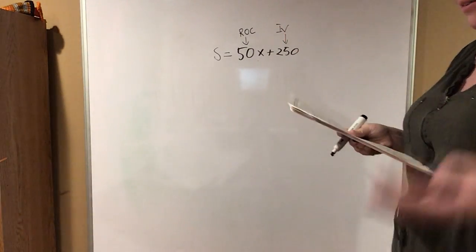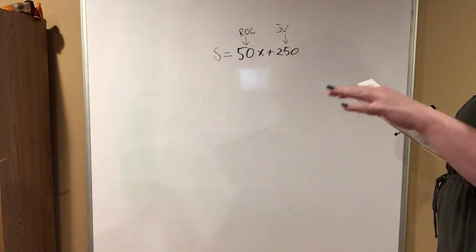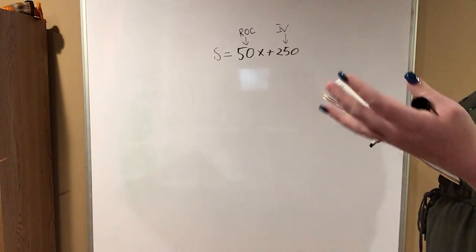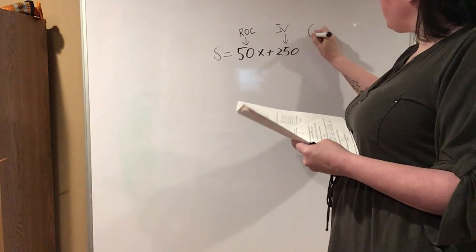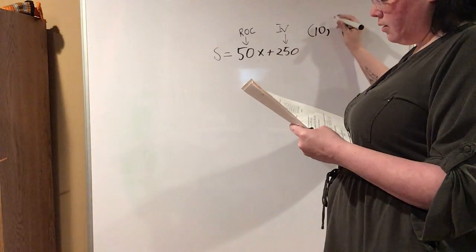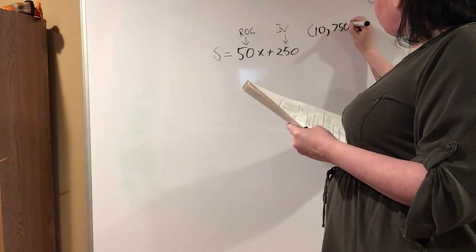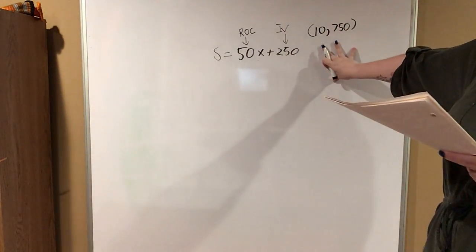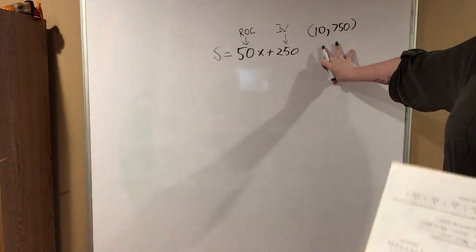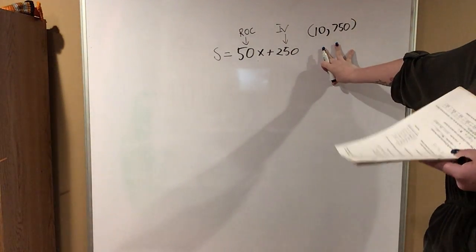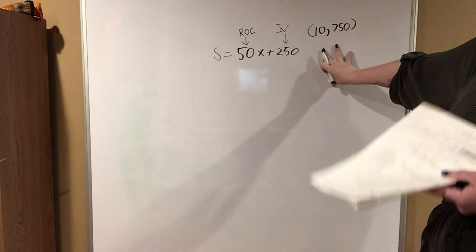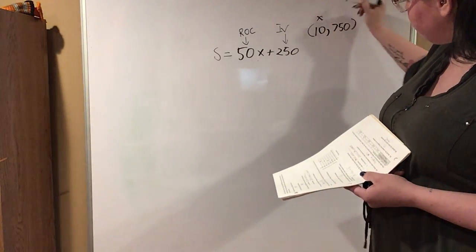Right? But now they're asking us something else. They're asking us, if we're given this point of 10, 750, what does this point mean if it were in context in this situation? So looking at it, this is our x value and our y value.